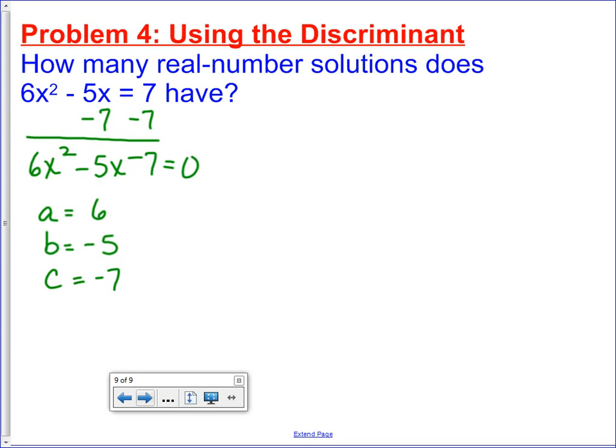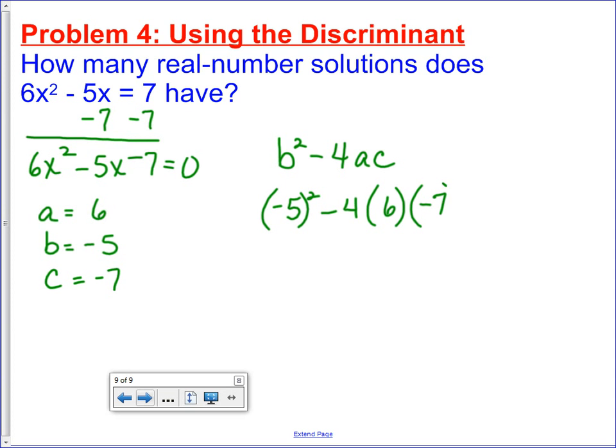All right, so to determine how many solutions it has, I'm going to go to the discriminant, b squared minus 4ac, and I'm going to substitute in the numbers I have. B is negative 5, so I want to square that, minus 4 times 6 times c, which is negative 7.